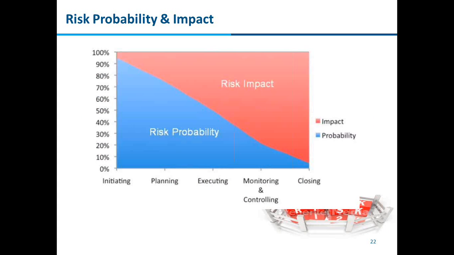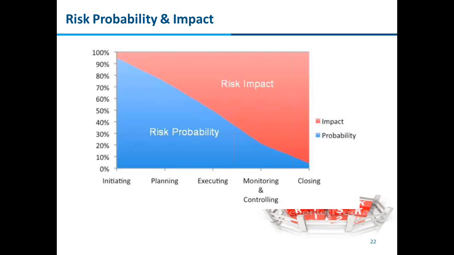This is a very good picture, or graph, which I would say. It shows the probability and impact of risk across all the phases of a project. Whenever you take any project, at the beginning the risk is very high.